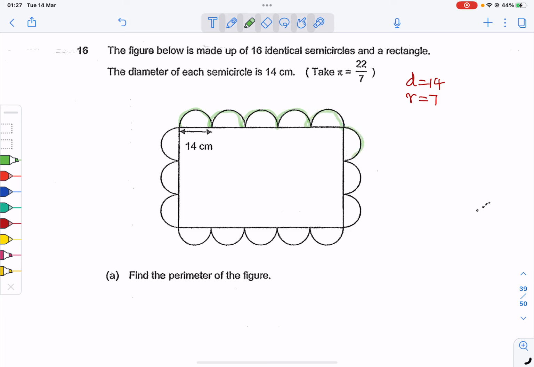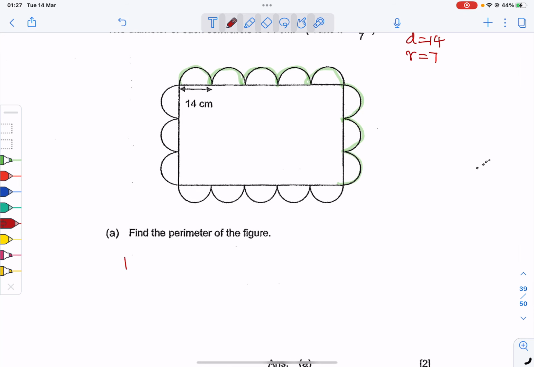If you outline them, the whole thing. So what we can do is we can simply take the perimeter of the figure will be 16 semicircles.